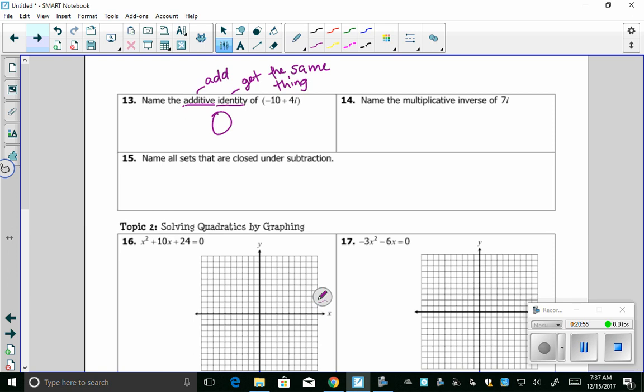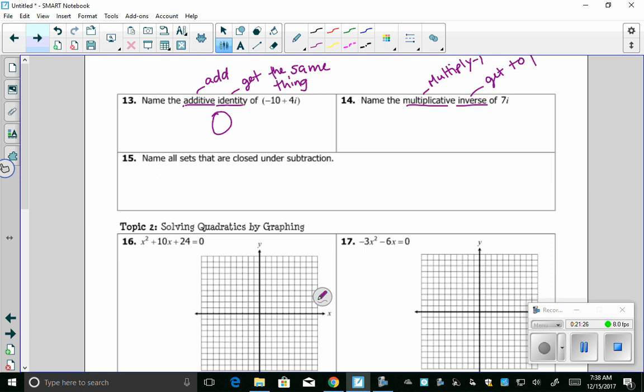Now number 13 is, I'm sorry, I have problems pronouncing this word. The multiplicative is multiplying, and the inverse is kind of tricky. If you're multiplying, you want to get back to 1. So get to 1.